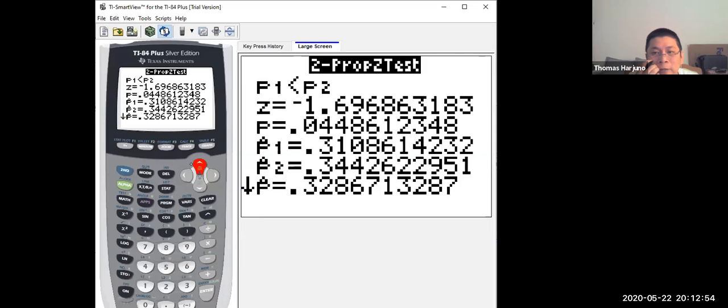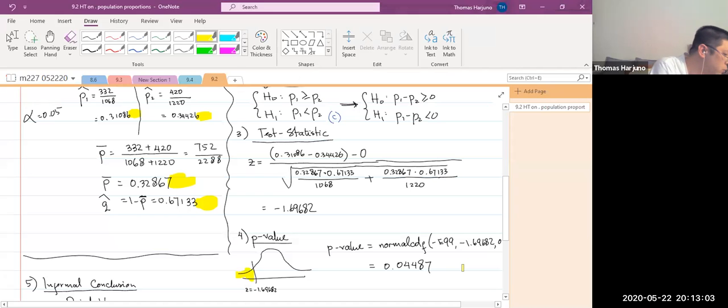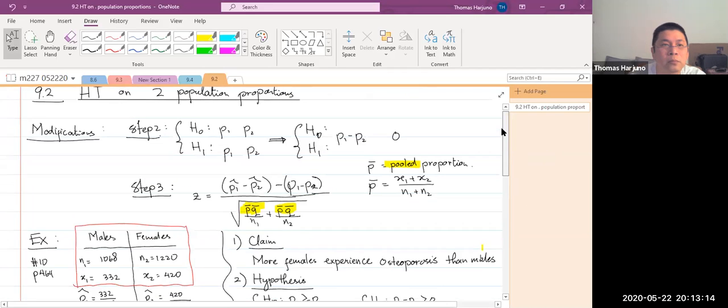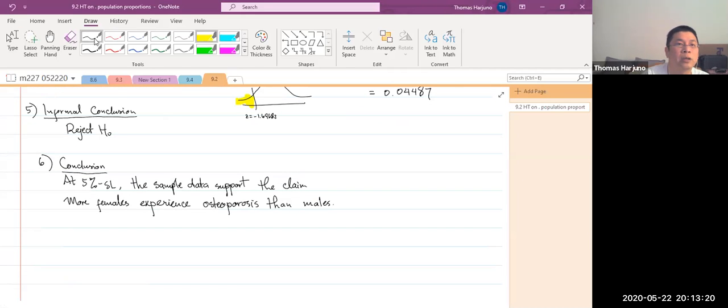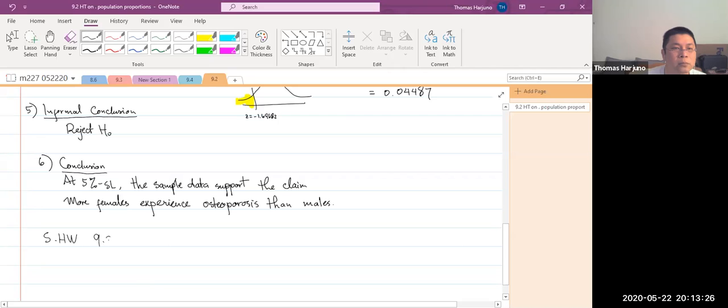Okay, that's for our class today. Suggested homework from this 9.2 will be number 10 from our textbook. And your suggested homework from here will be number 9, number 13.